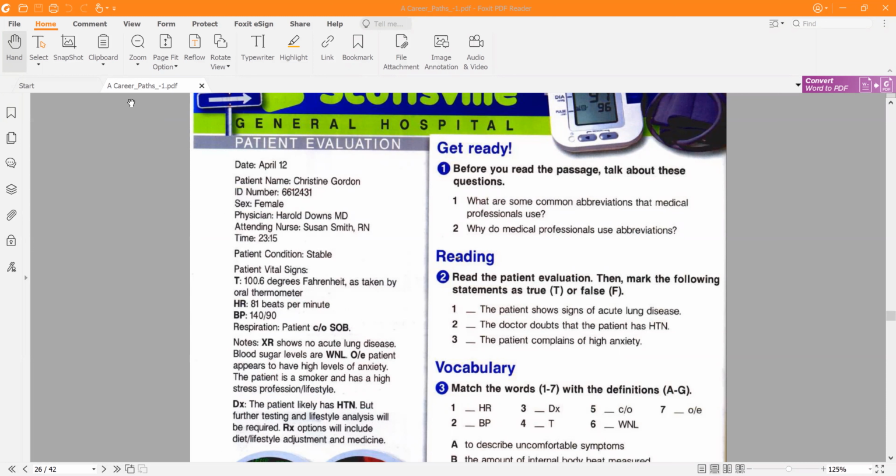Blood sugar levels are WNL. OE patient appears to have high levels of anxiety. The patient is a smoker and has a high stress profession/lifestyle. DX. The patient likely has HTN, but further testing and lifestyle analysis will be required. RX options will include diet/lifestyle adjustment and medicine.